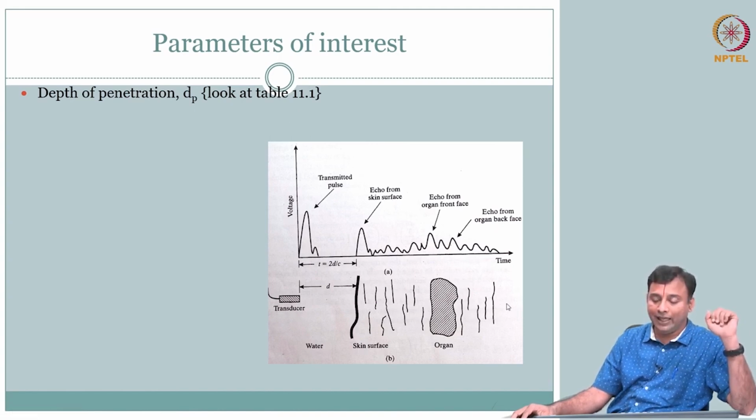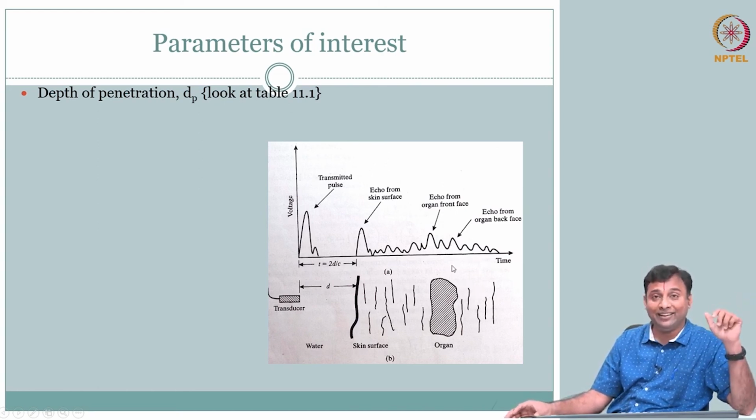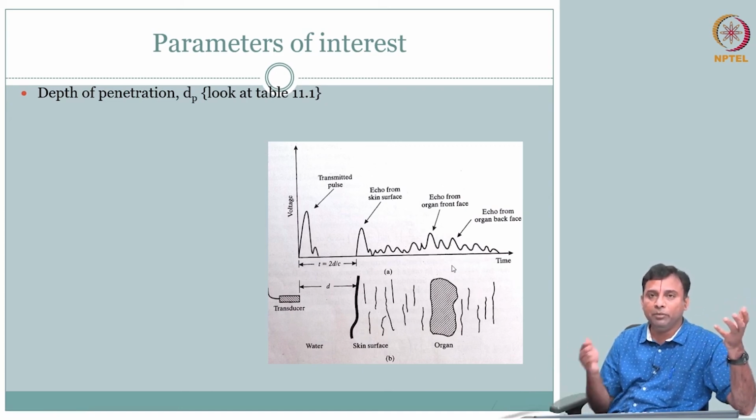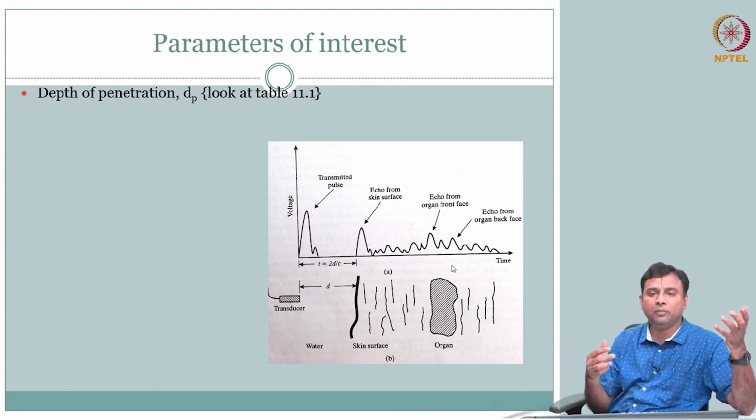What is the challenge? When you send the signal, it is attenuated as you go further. Absorption, scattering, reflection, all of this reduces your transmitted signal. At each interface, the signal is reduced as you go with the depth. We talked about gain, but there is a level to which you can give the gain, beyond which, at a certain depth, the signal is so weak that you are essentially at the noise floor.